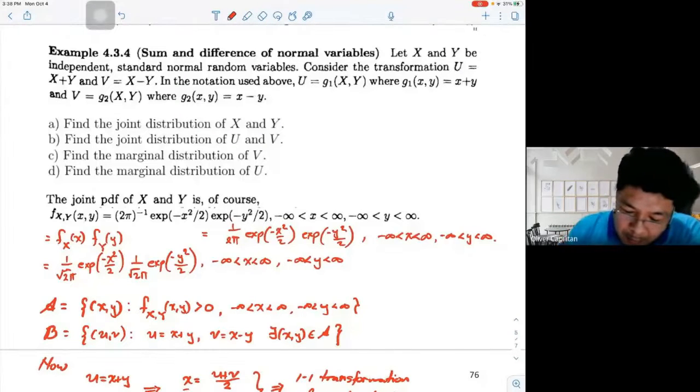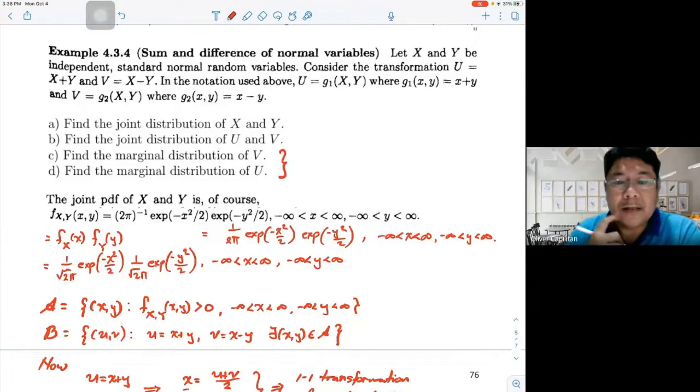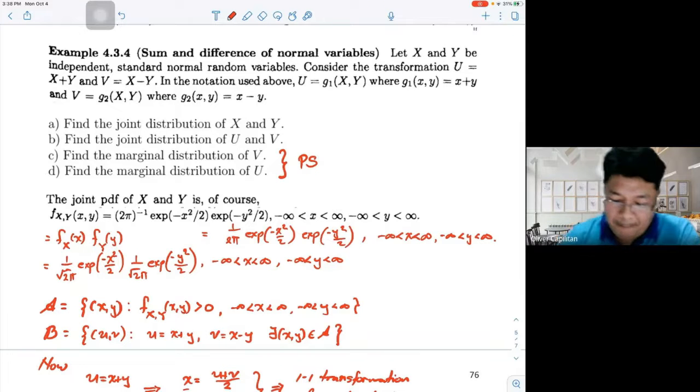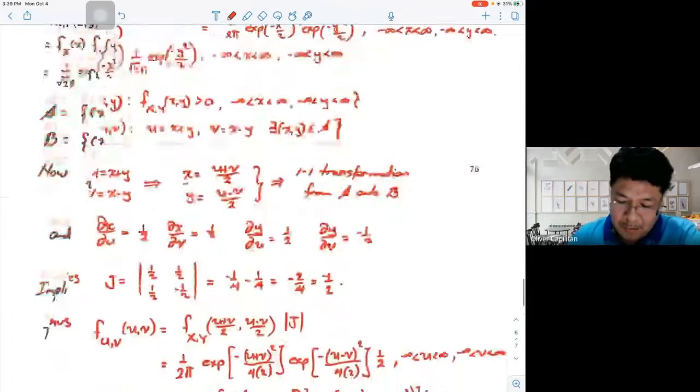So I'm going to give this as your additional problem in your problem set: find the marginal distribution of V, and find the marginal distribution of U. You already have the joint probability distribution function of U and V. So I think you can do that.